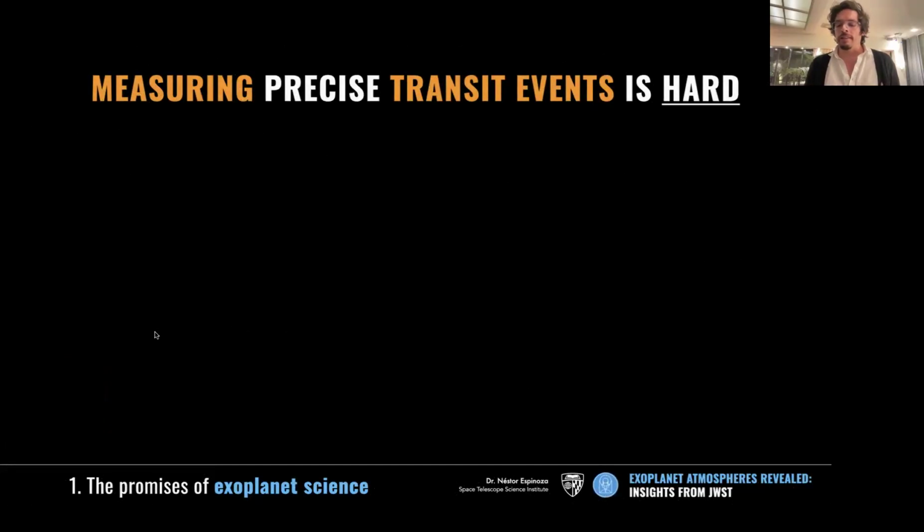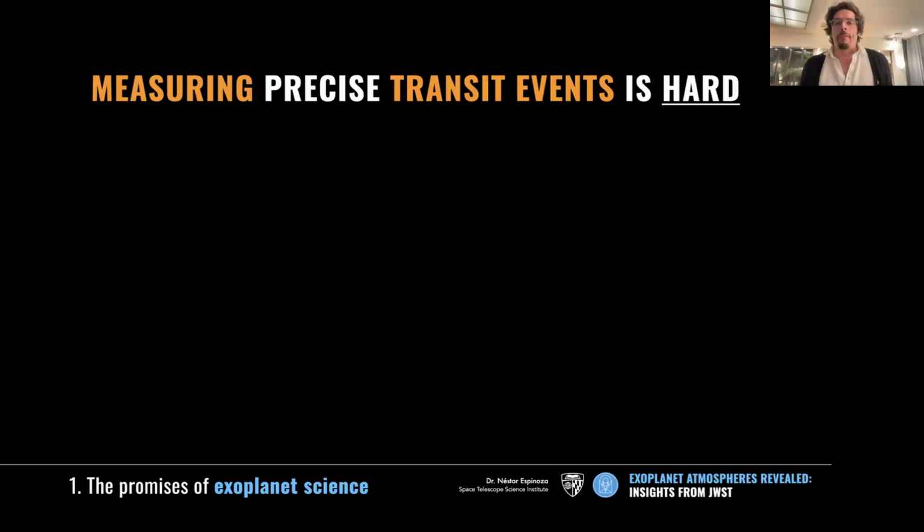This is the picture of measuring these transit events, but measuring them is very, very hard. The easiest planets to discover are the bigger ones, because the bigger your planet, the more light it blocks from your star.